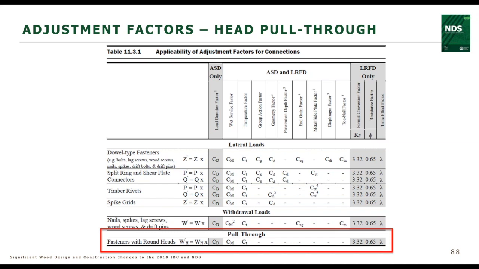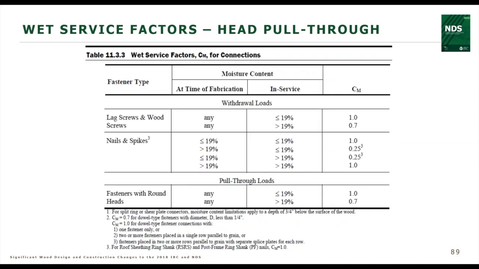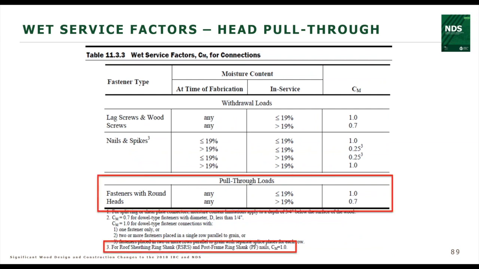So you'll see it's denoted as W sub H or W sub H prime, depending on if it's an adjusted or a reference value. You'll also see in table 11.3.3 the addition of pull-through loads in the wet service factor, or the C sub M factor for connections.